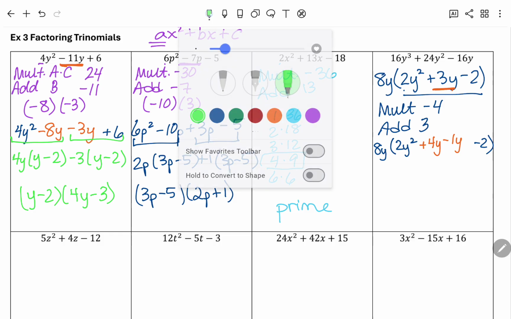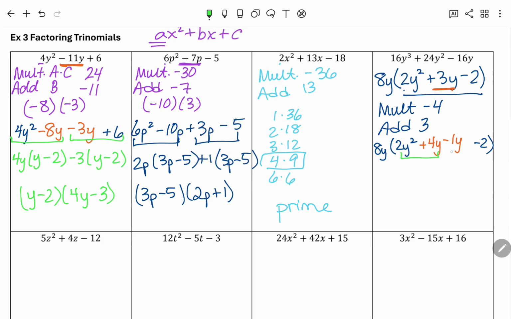Okay, now I'm going to do my factor by grouping with these right here. So again, that 8y is just chilling out front. Pull out my GCF and write what's left over. Notice how I'm organized and I'm working vertically, top to bottom. Let's see, 2y.